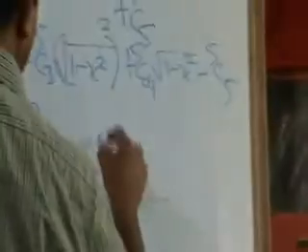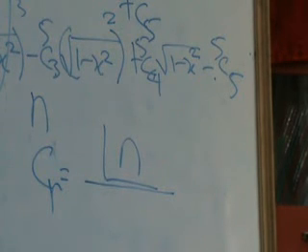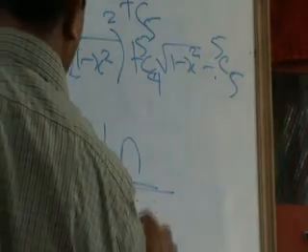So 5C3, did I recall? nCr is factorial n over factorial r into factorial n minus r. So 5C3 is how much? 5C3 is factorial 5 over factorial 3, right? 5 minus 3 is 2.